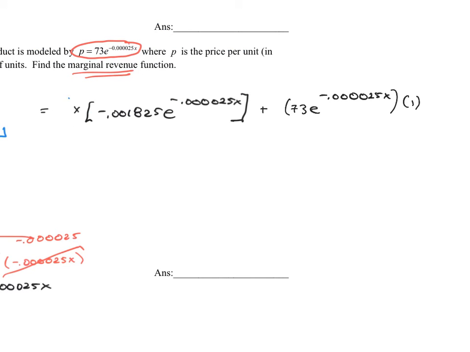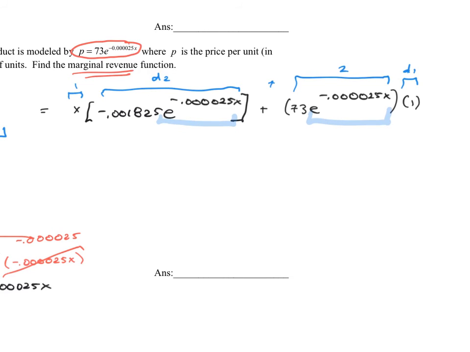I'm going to go ahead and lay out the product rule now: the first times the derivative of the second plus the second times the derivative of the first. In simplifying that, all I'm noticing that I can do is pull out the common e to the negative 0.000025x. This is just a simplification measure.